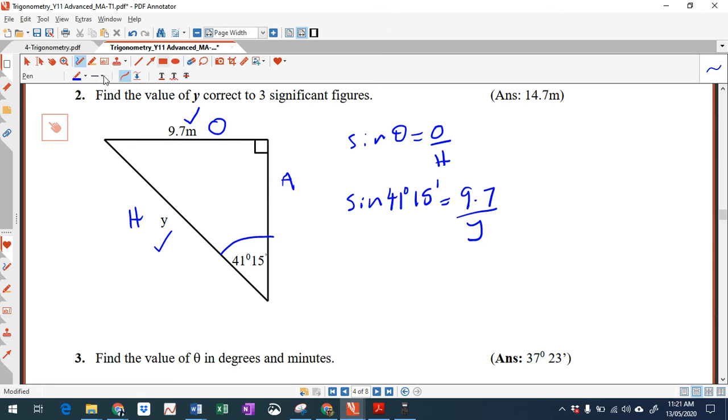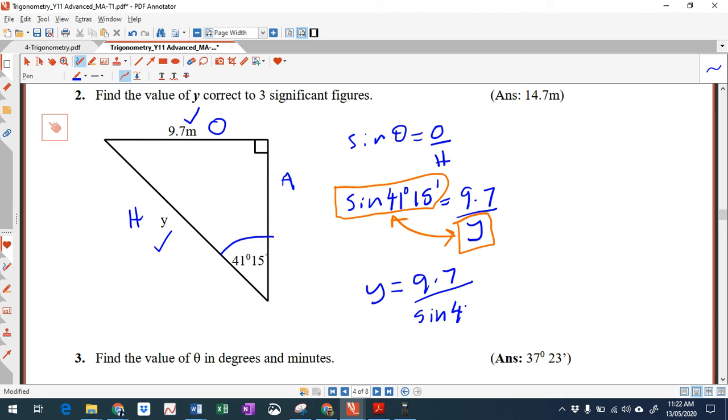Now, what we're going to do is make y the subject of the formula. The easiest way when you've got y on the denominator is to swap all of y with all of sine. So these guys swap over. So you're going to get y is equal to 9.7 divided by sine 41 degrees, 15 minutes.